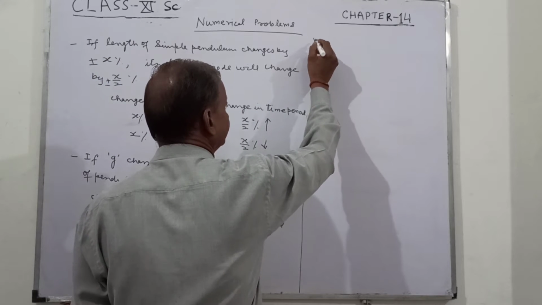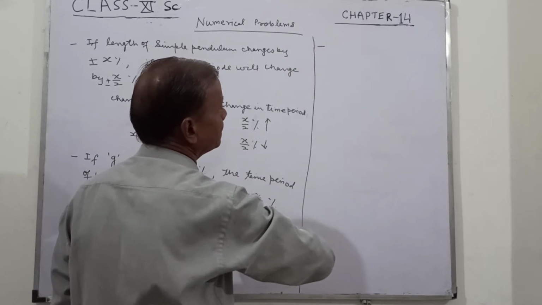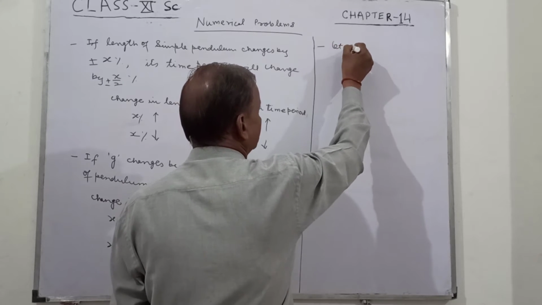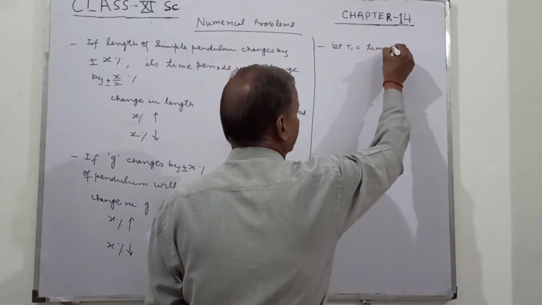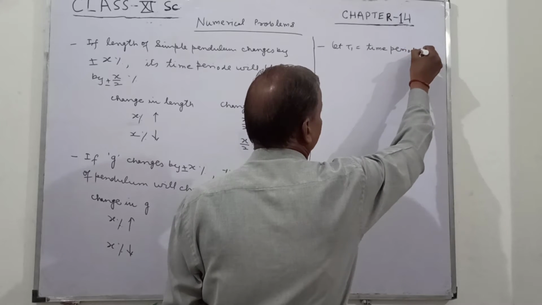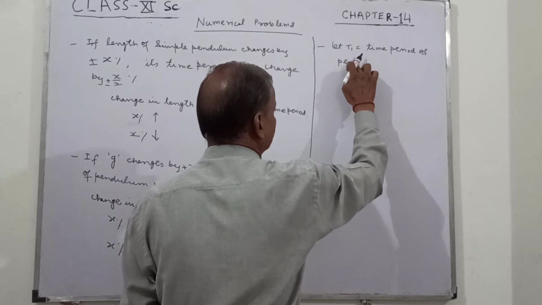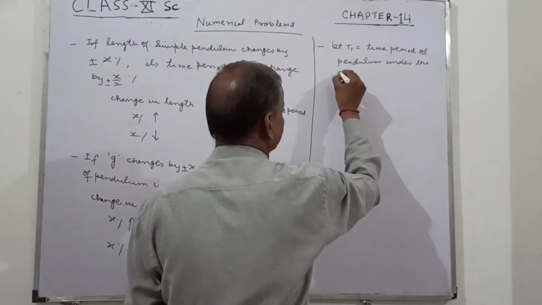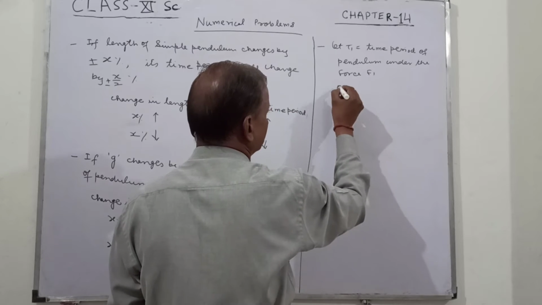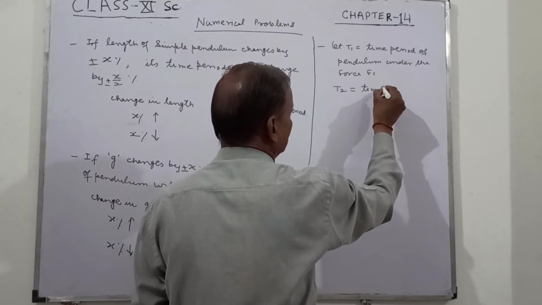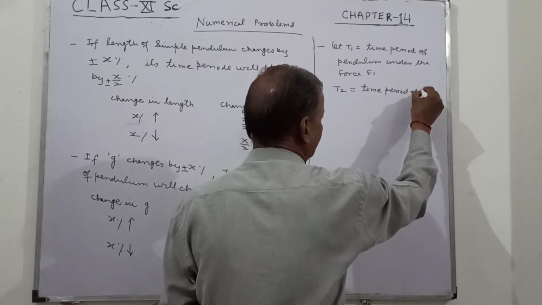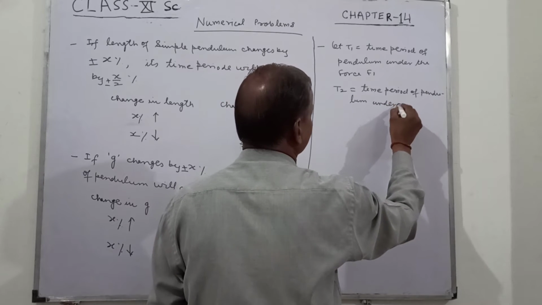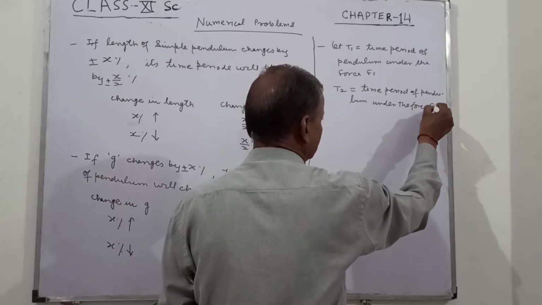Now there is one more. Let t1 equal to time period of pendulum under the force F1 and t2 equal to time period of pendulum under the force F2.